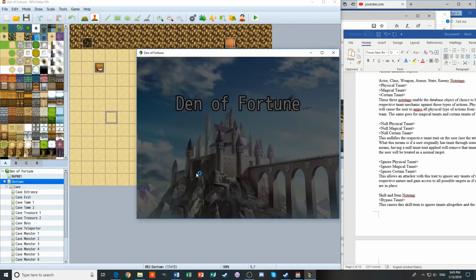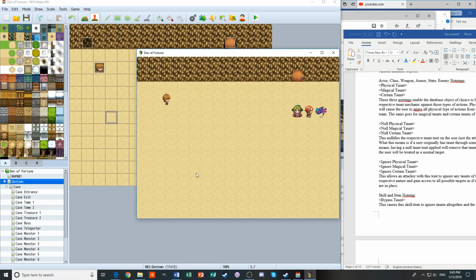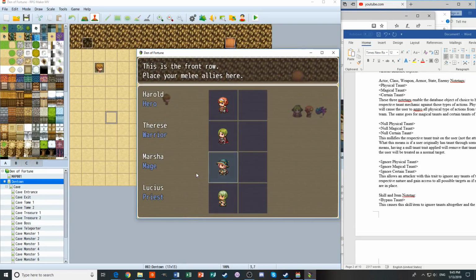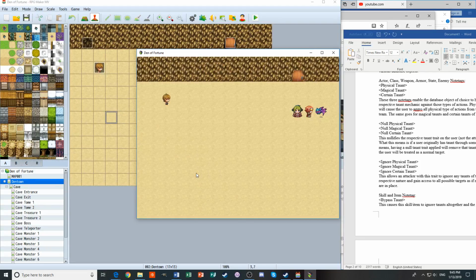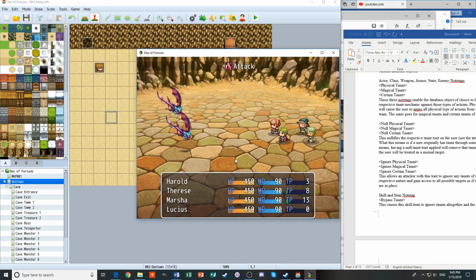So with those changes made, adjust our rows, give this a check. So yeah, there's nothing showing up in battle to show that we have our taunt effect active. So we're just going to attack, magic, fire. I guess I could actually be guarding. That would probably make more sense.